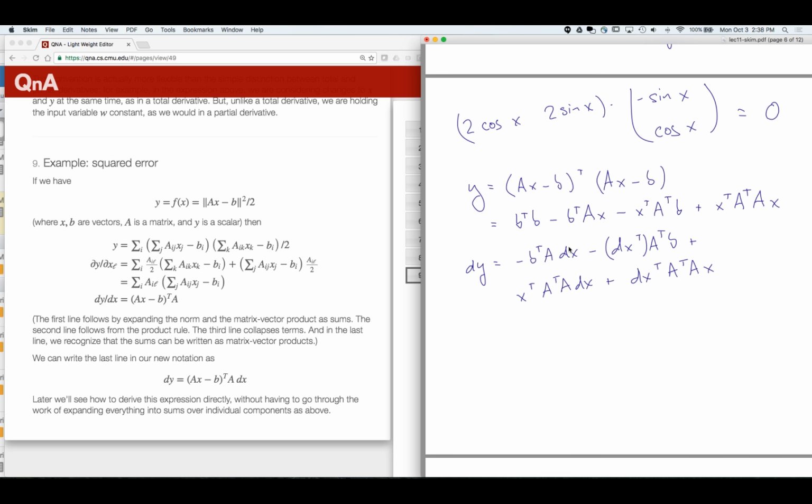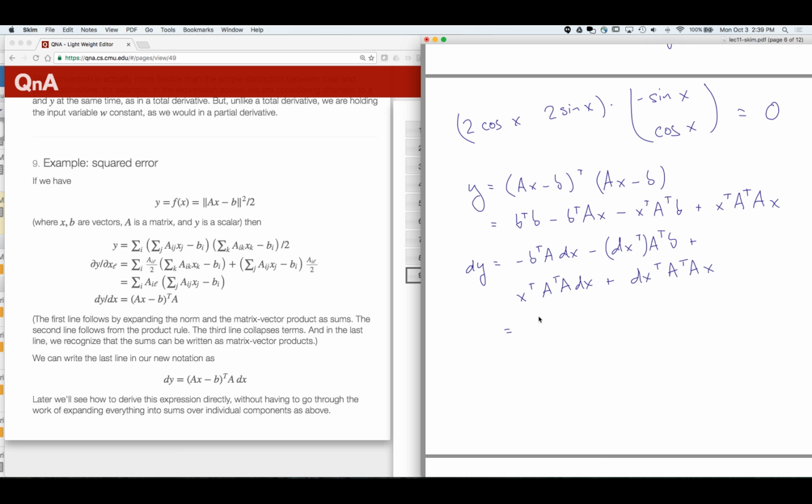And at this point, we can just collect terms, right? So these terms are all scalars. dx is a vector, b is a vector, so vector transpose matrix vector, that's a scalar. Same with this, same with that, same with that. And so this and this are transposes of each other, and this and that are transposes of each other. But a scalar is its own transpose, and so we can actually collect them.